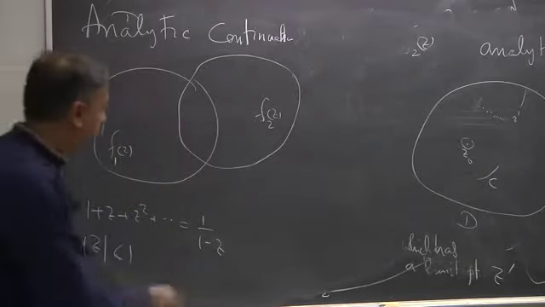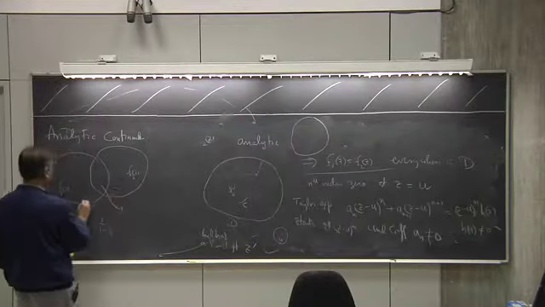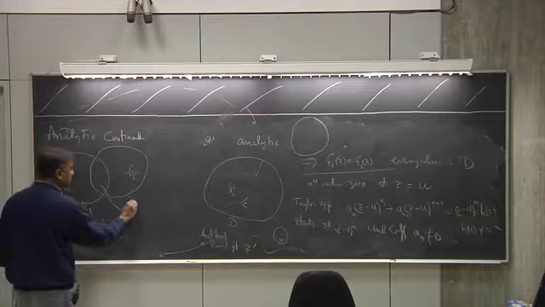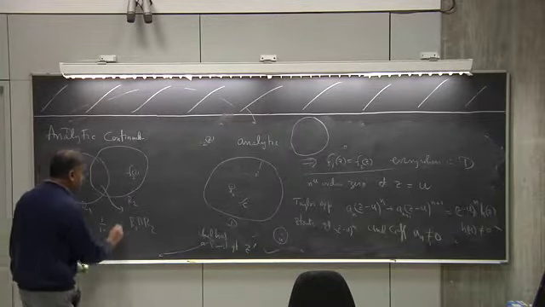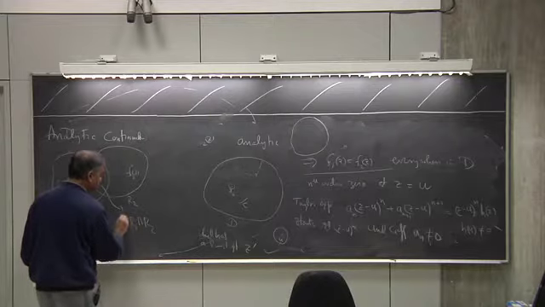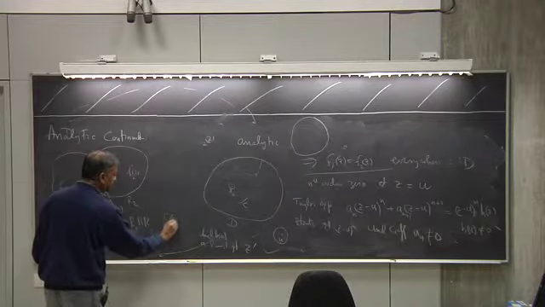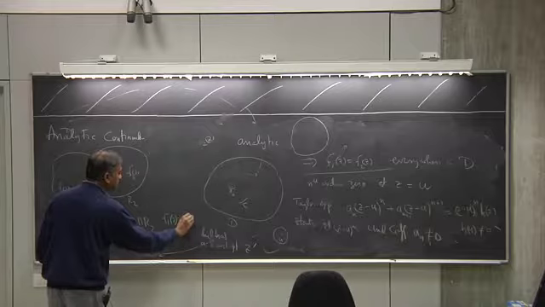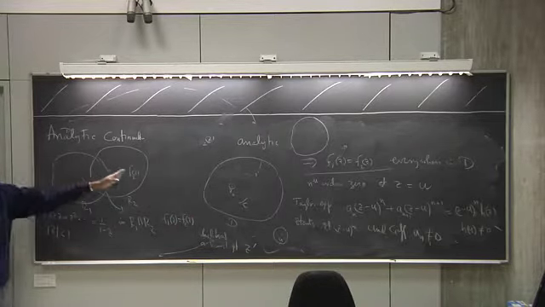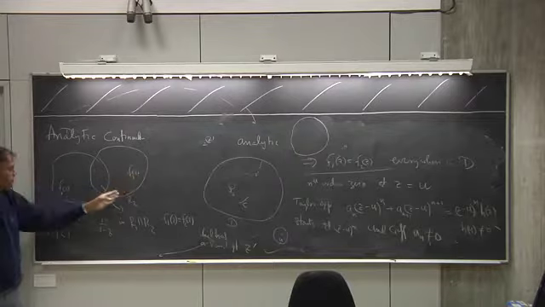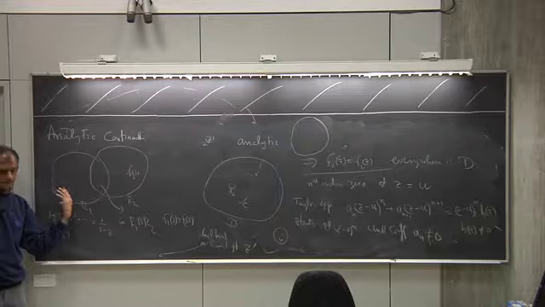So if it happened that in the overlap region, let's call this region R1 and that region R2, in the overlap region R1 intersection R2, f1(z) is equal to f2(z), then you say that f2 is an analytic continuation of f1 to this region, or vice versa, f1 is an analytic continuation of f2 in this region.